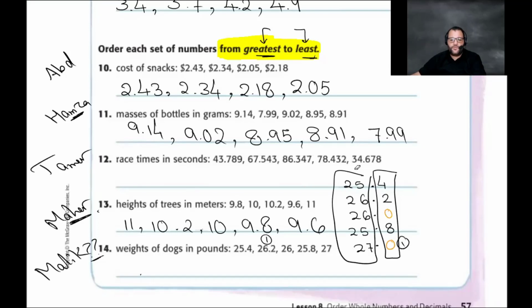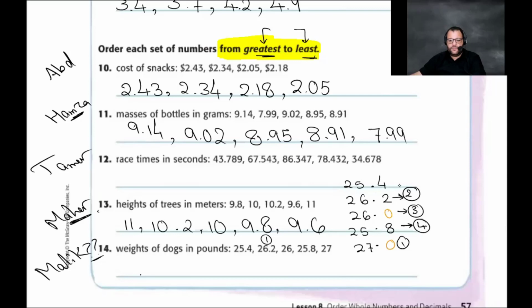And then 25, then 26.2. Yes. 26.0. Yes. 25.8. Yes. 25.4. Yes.